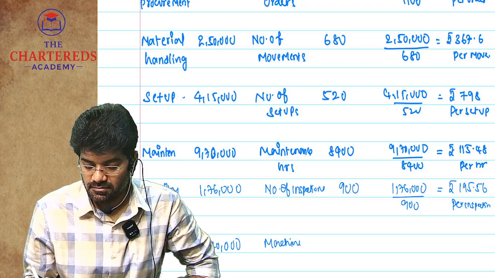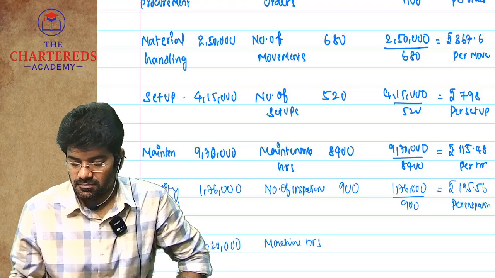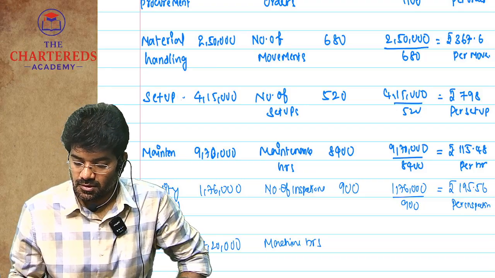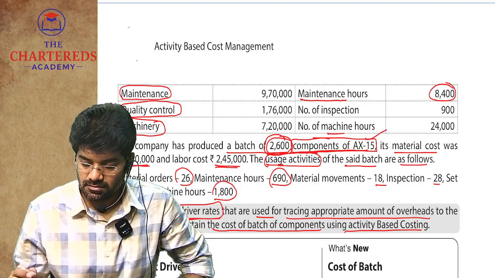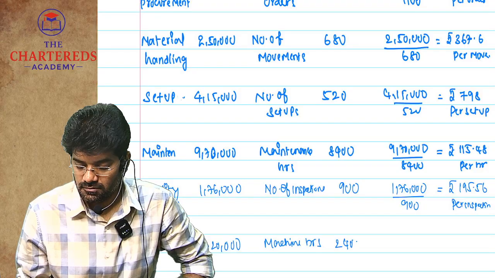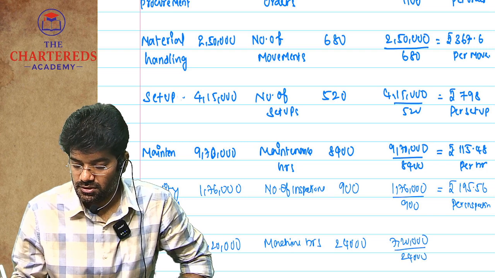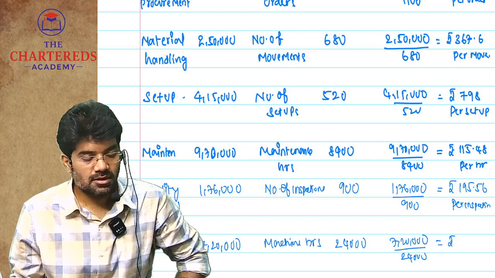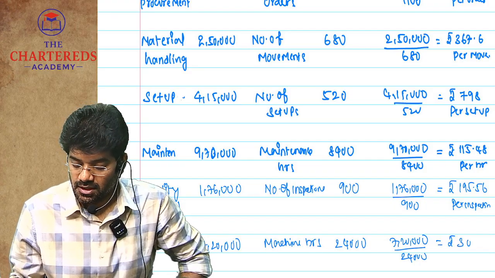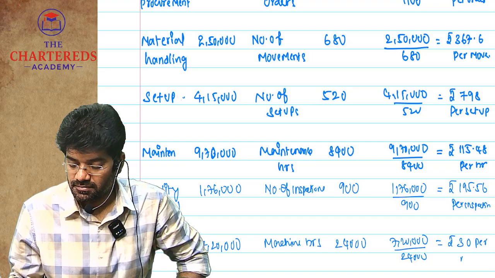Machine hours 24,000. 7,20,000 divided by 24,000 is 30. 30 rupees per machine hour.